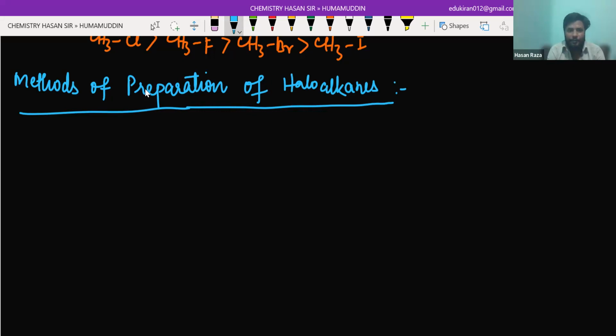After that, we see the MOP, methods of preparation. There are various ways to prepare haloalkanes. After this, we will study the physical and chemical properties. So here I'm going to start the methods of preparation of haloalkane, and the first one is from alcohols.